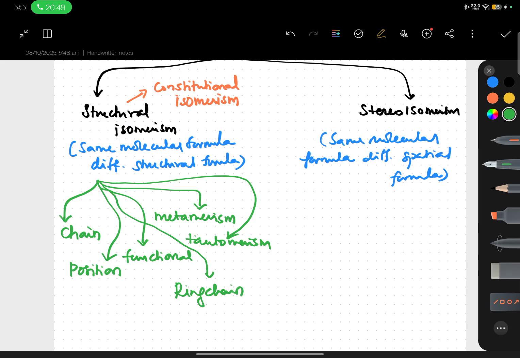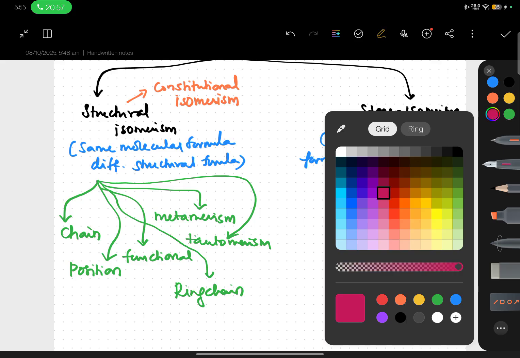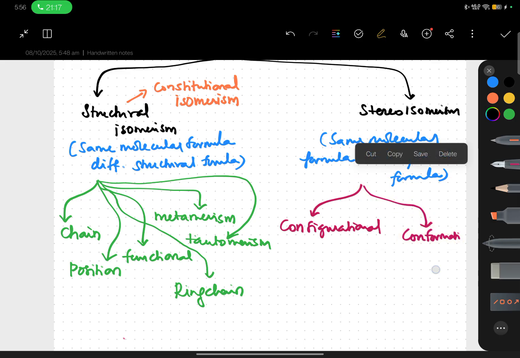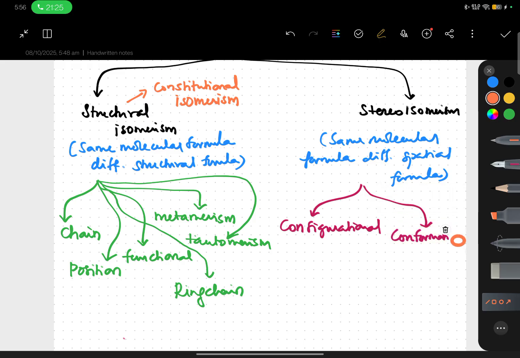So stereoisomerism is further divided into two types. One is called configurational isomerism. Another one is called conformational isomerism.